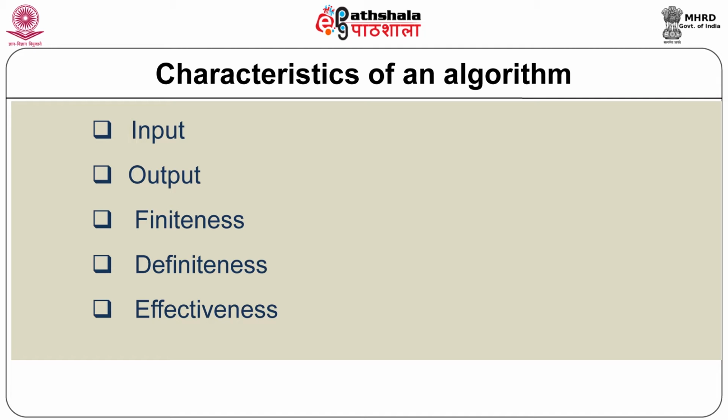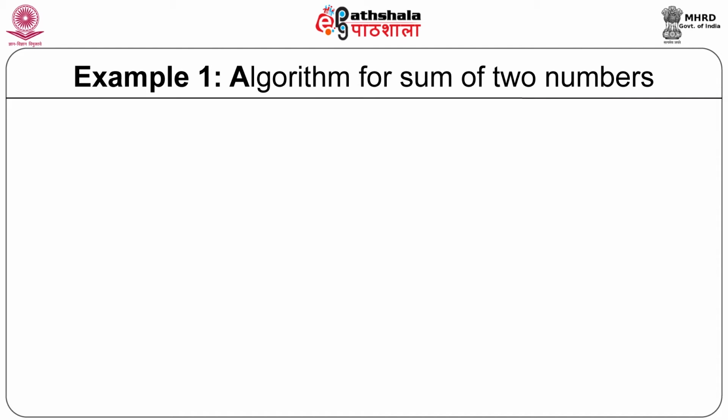pen. Now, after knowing these characteristics and algorithm basics, let us write some programs using algorithms. Here we are considering the first example, addition of 2 numbers. For that we will write the algorithm.